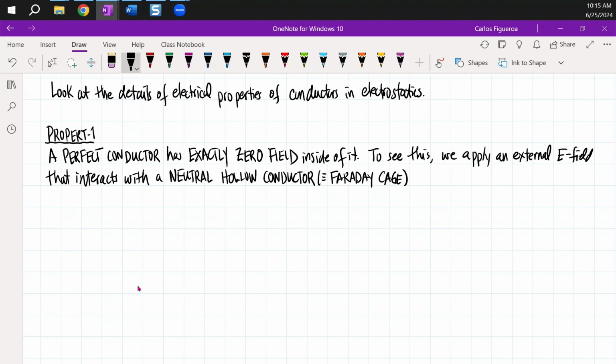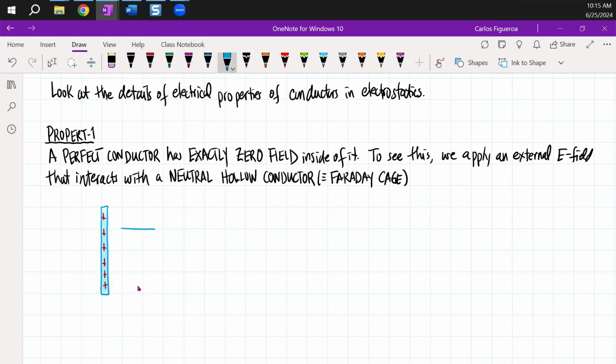So let's do this in steps here. What I'm going to imagine is that I have an infinite plane right here. And because it's an infinite plane, that means I have a uniform electric field.